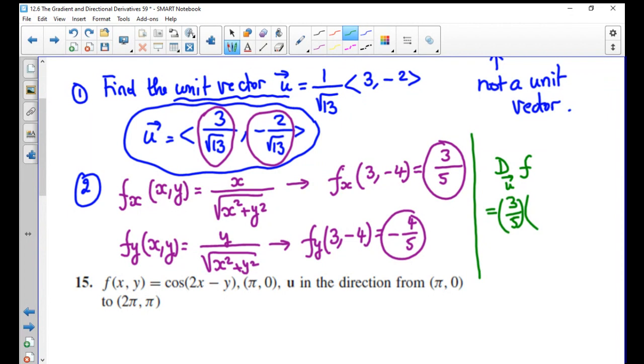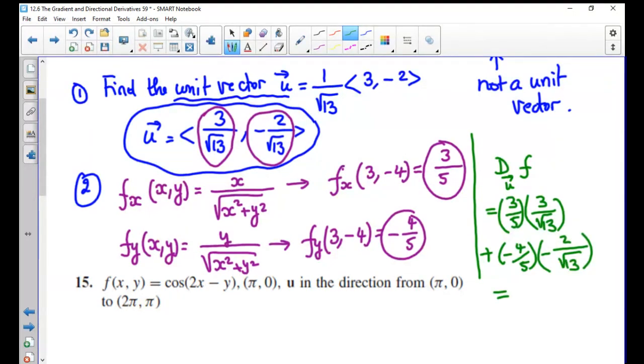The first component. 3 over, yes, thank you, 3 over square root of 13, and then plus the -4 over 5 multiplied by -2 over square root of 13.